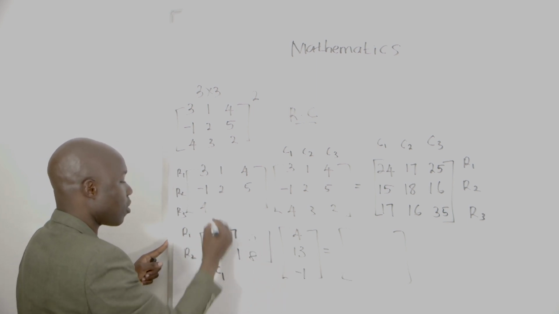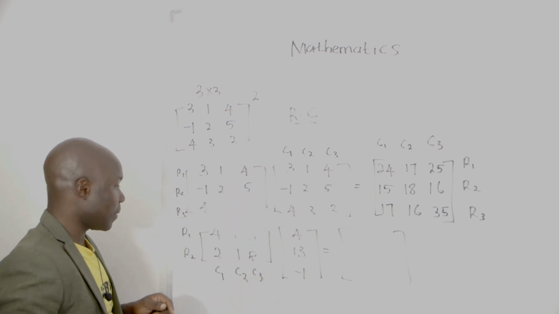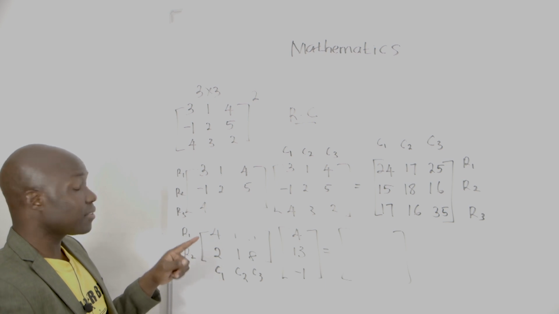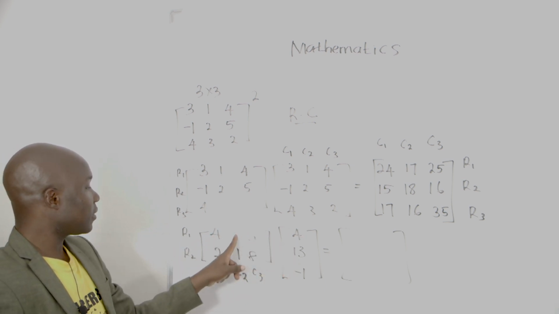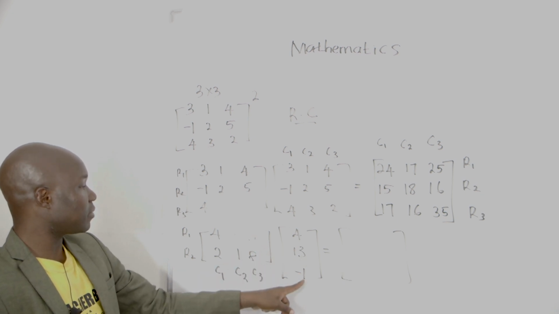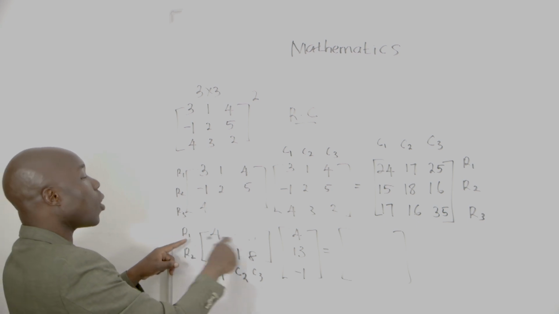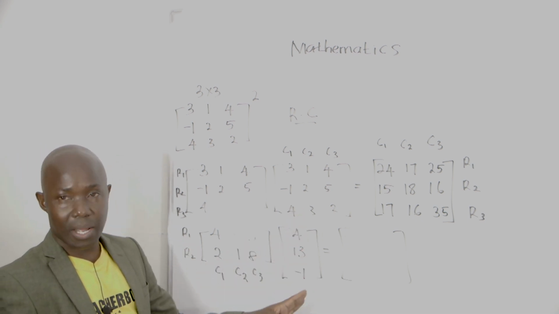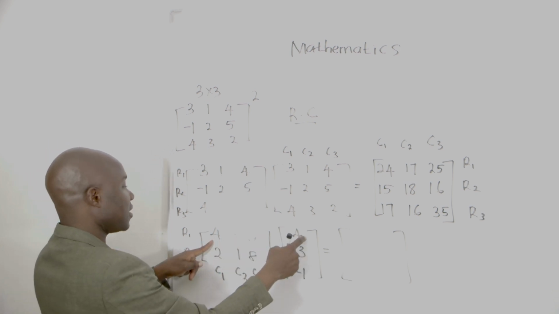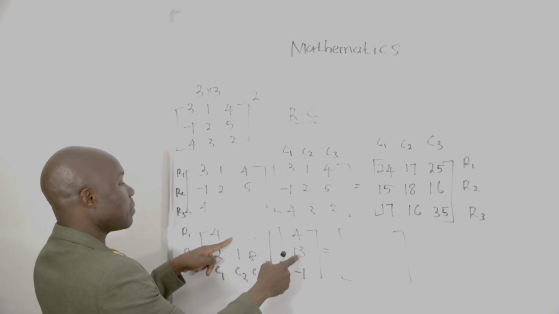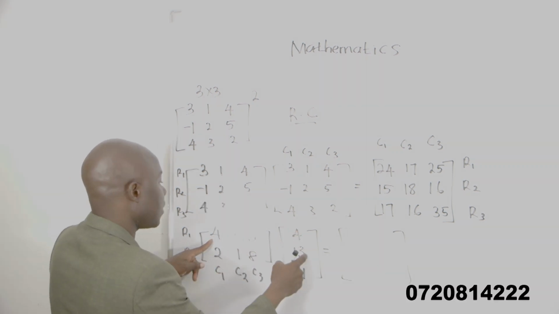So this is going to our column 1, column 2, and column 3.